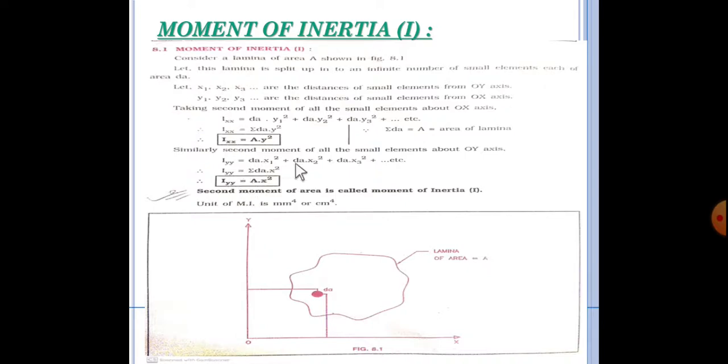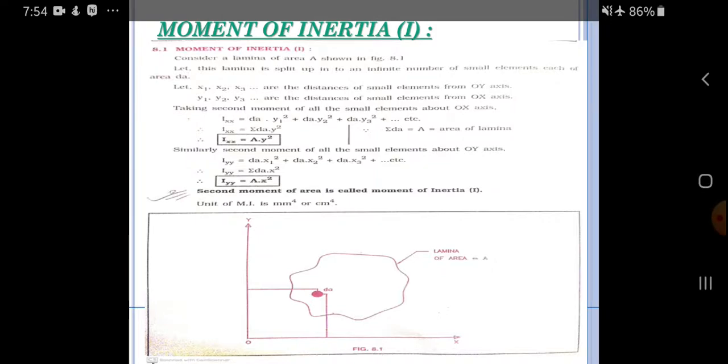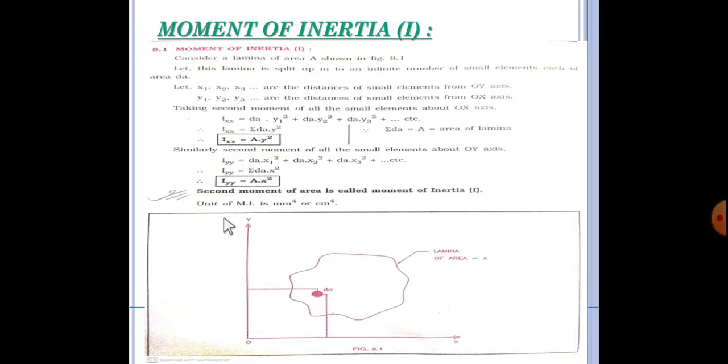Here we have two axes of a particular element, that is the x-x axis and the y-y axis. So moment of inertia is always calculated about those two major axes, Ixx and Iyy, and the unit of moment of inertia is mm raised to 4, or else centimeter raised to 4, or else meter raised to 4, because the equation of I is equal to area into x square.